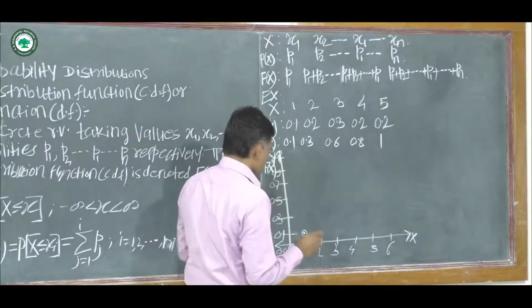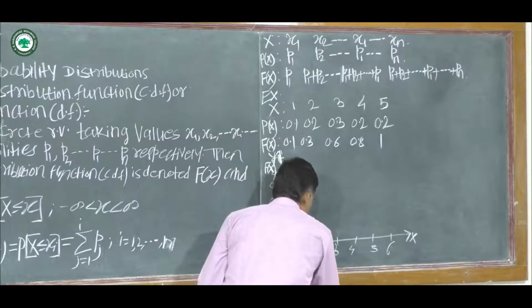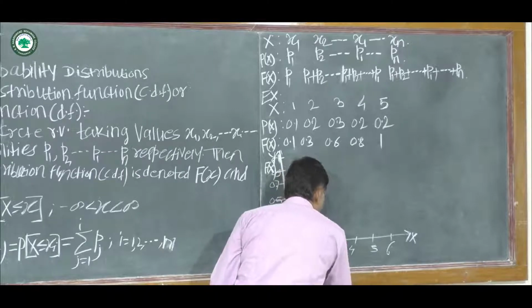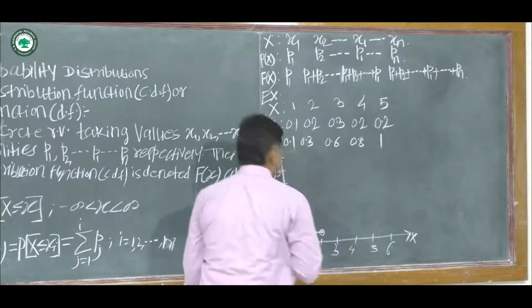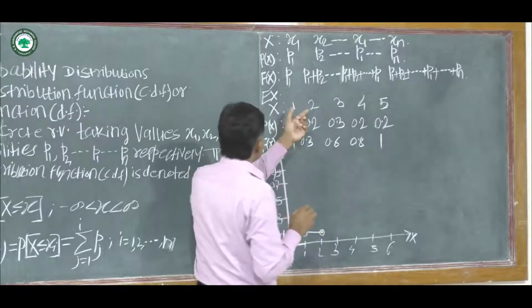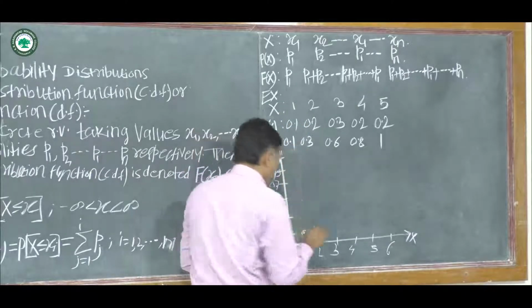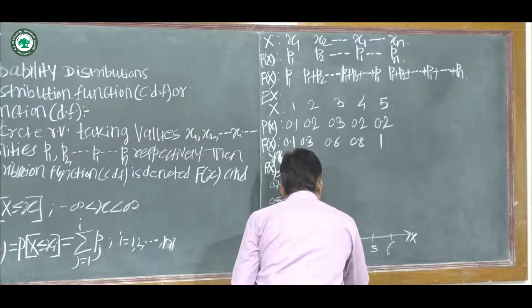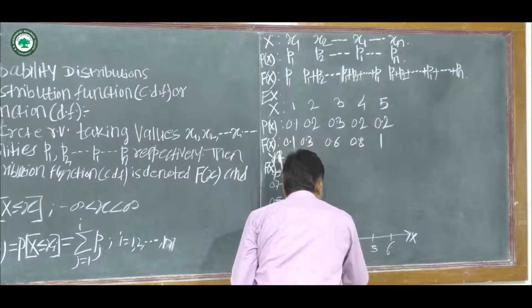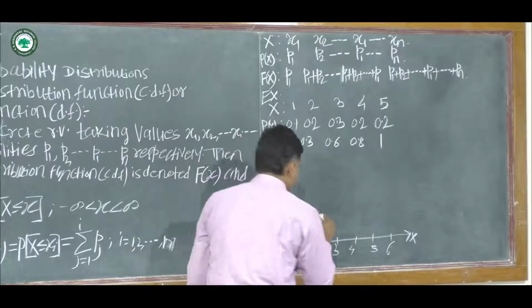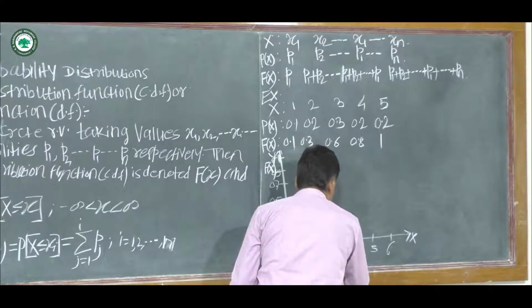From 1 to 2 the function is constant, and at x equal to 2 the function changes; the distribution function is 0.3, this point. From 2 to 3, function is constant.